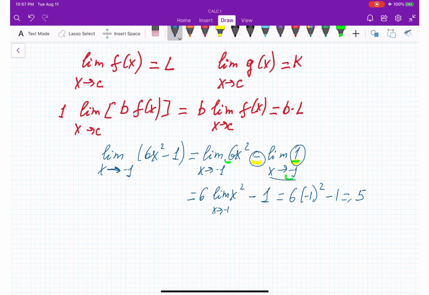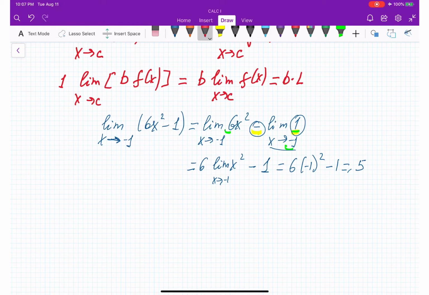Okay, second one. Sum or difference. This is going to be the following. The limit of a sum or difference of two functions is equal to the sum or difference of their limits.